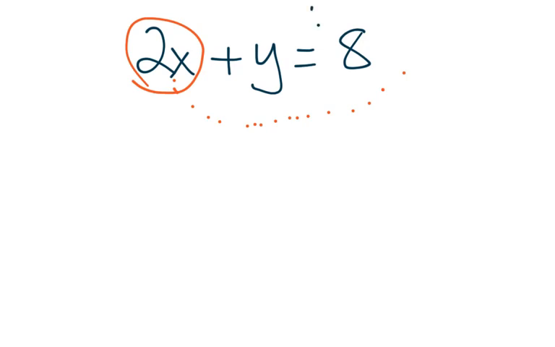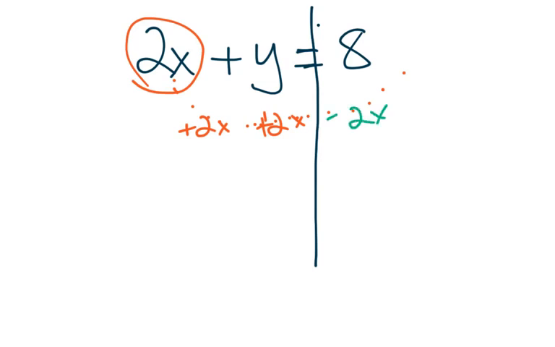But whenever it crosses over the equal sign, it changes its sign. So let's just imagine it's positive 2x. But as soon as it crosses over the equal sign, now it becomes a negative 2x. It literally changes its sign.